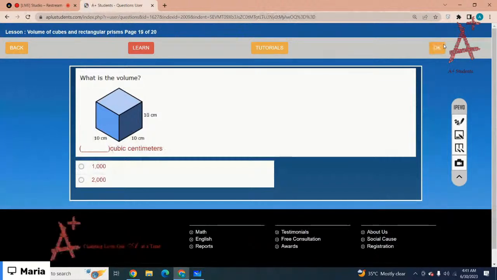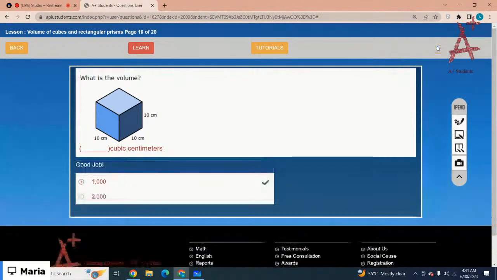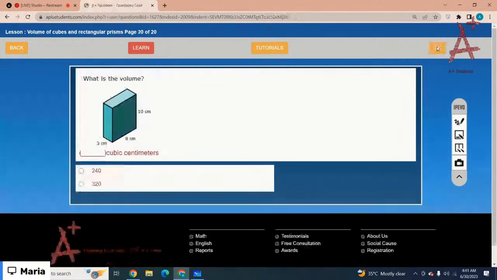You have to do side times side times side. 10 times 10 is 100 and 100 times 10 is 1000. So the correct option is 1000 cubic centimeters. Okay, what is the volume? It is 10 times 8 is 80 and 80 times 3 is 240.